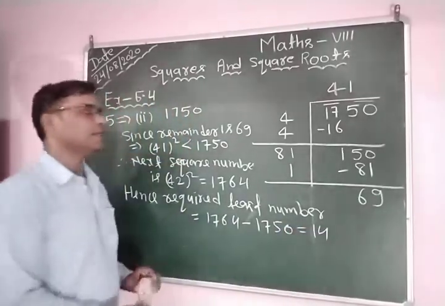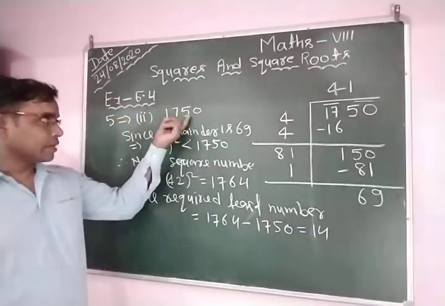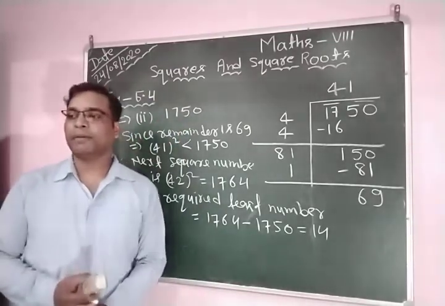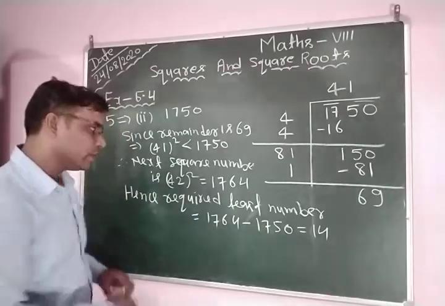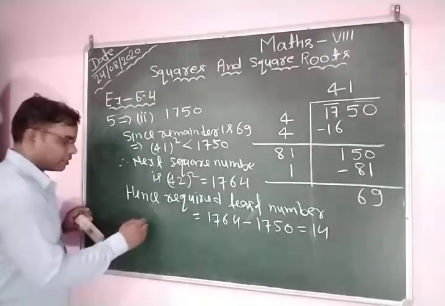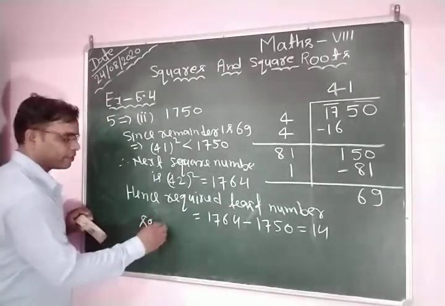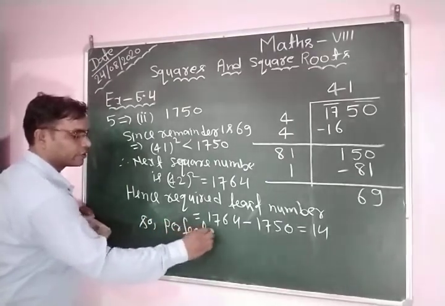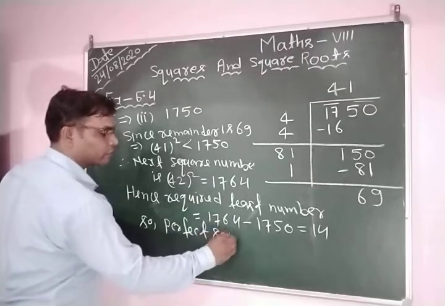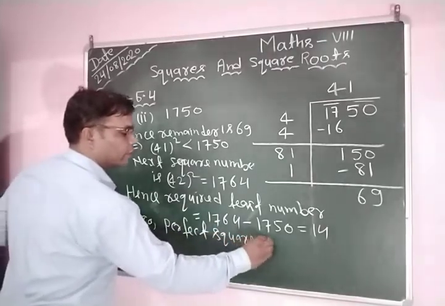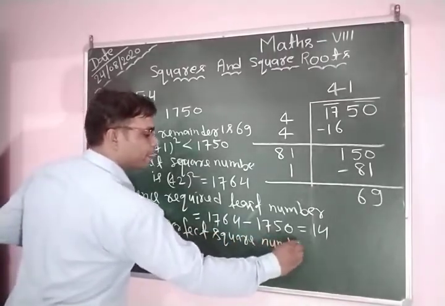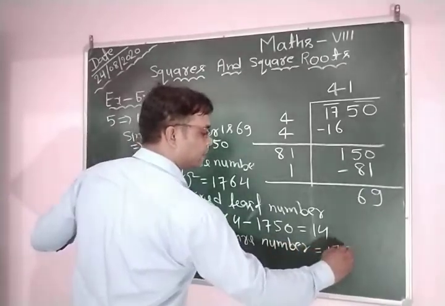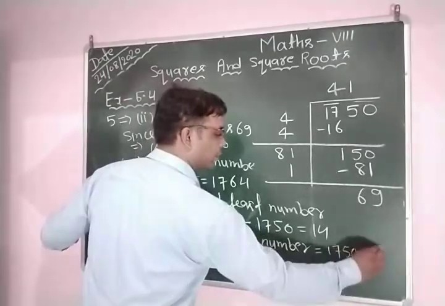If you add 14 to 1750, then we obtain a perfect square number. So the perfect square number is equal to 1750 plus 14.